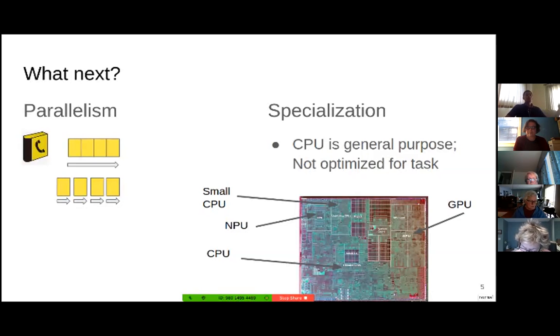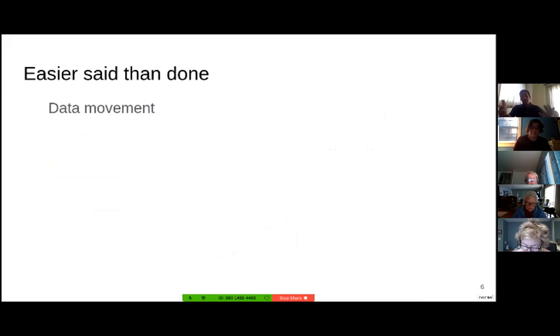In the days of Moore's law, performance would come for free just from the underlying compute substrate getting faster. And both of these involve software changes. It's a lot of effort. But because Moore's law has started to slow down, we actually care a lot about these things today. And the challenges behind these things are actually what my research is on. So specialization and parallelism are both easier said than done.